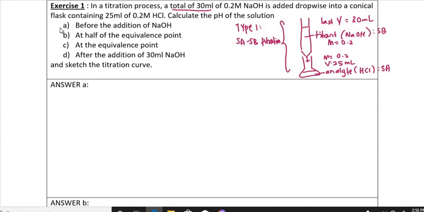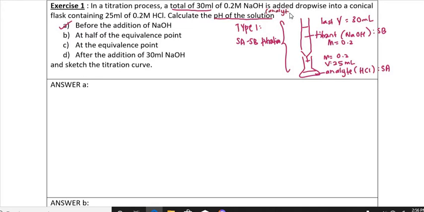Now, focus question number 1. Before addition NaOH, that means before titrant added to analyte, you have to calculate pH of the solution. pH of the solution here, all the time I refer to the pH analyte.